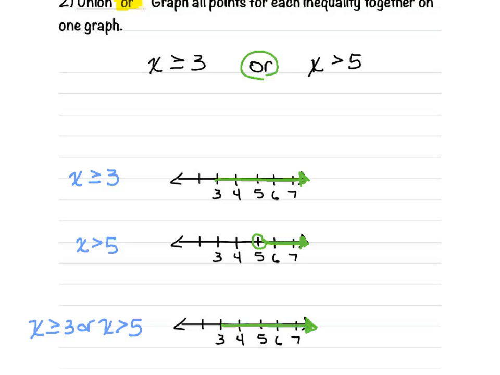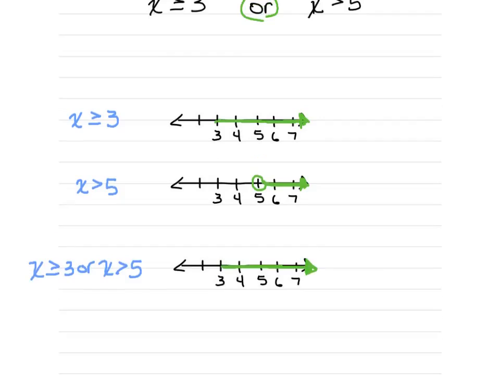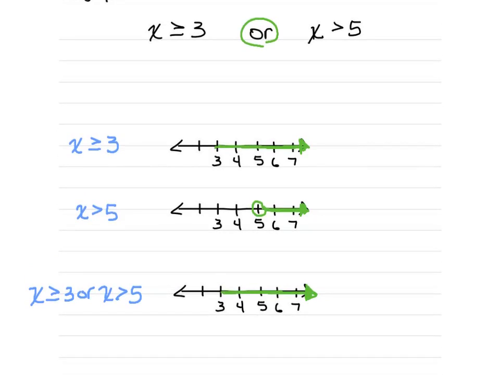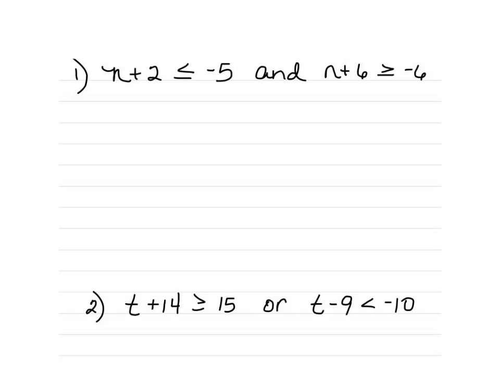And that includes every solution from both inequalities. So again, just to review, the AND is an intersection. You're only going to graph the common points. The OR is a union. You're going to unite all the points and graph them together. All right, let's continue.